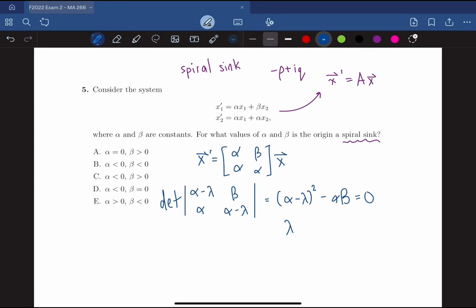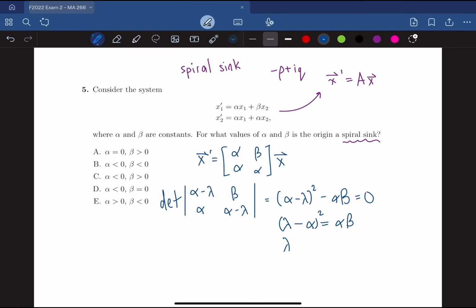So we can pretty easily switch this. Alpha minus lambda squared is the same as lambda minus alpha squared. And then I'm going to add alpha beta to the other side.